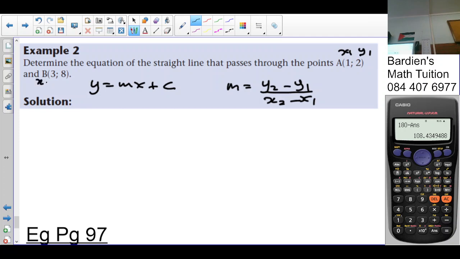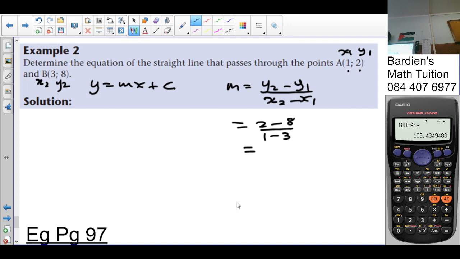If this is x2, that will be y2, and vice versa. But the catch is, if I make this x1, that must be y1. Or if that was x2, that had to be y2. Okay, make sense? So what do we say? 2 minus 8 over 1 minus 3.